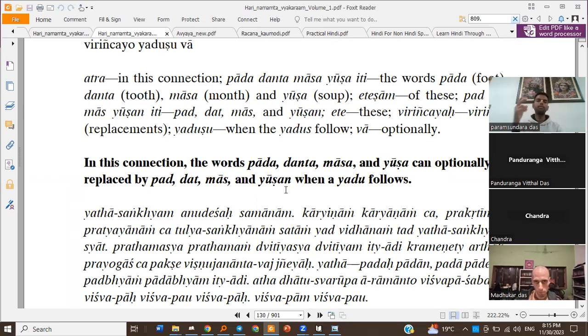So optionally we'll have one more form for each of the Yadus. So one time all these four words will be declined like Krishna Shabda completely, and from 2.3 onwards, we'll have an additional form when we do these replacements.